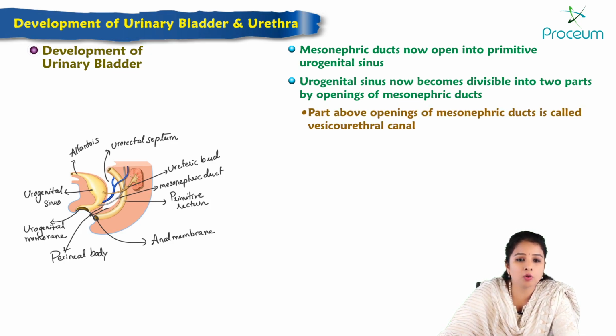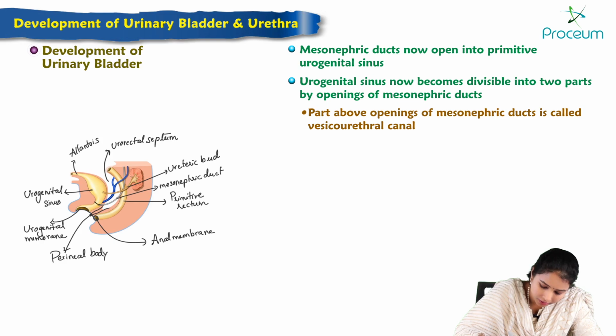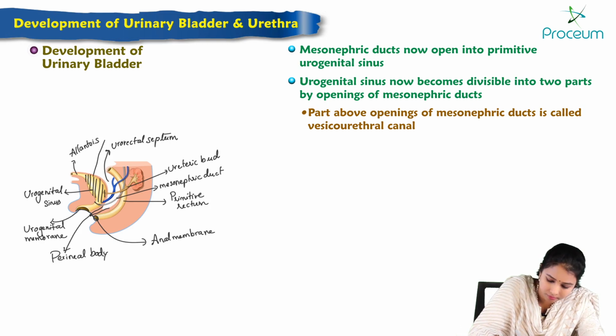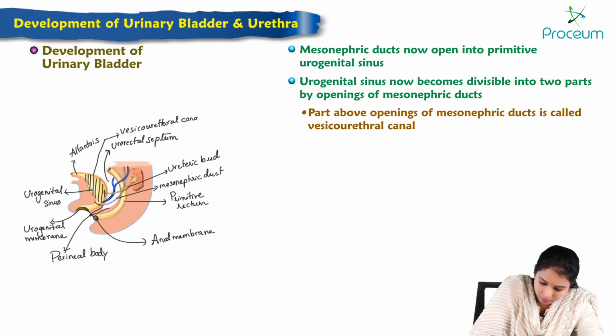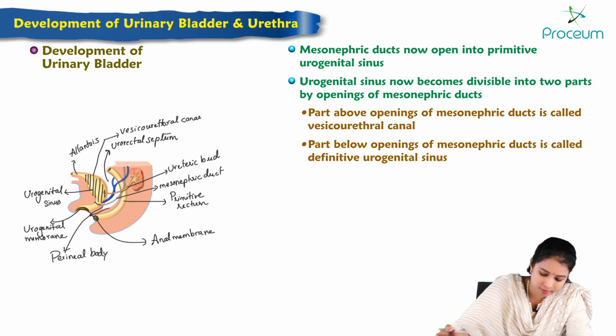The part above the opening of the mesonephric duct, it is called as vesico-urethral canal. So from here to here is the vesico-urethral canal. And the part which is below the opening of mesonephric ducts is called as definitive urogenital sinus.